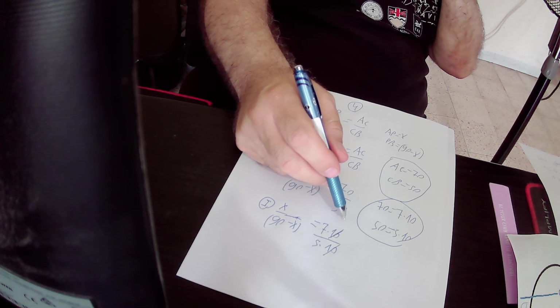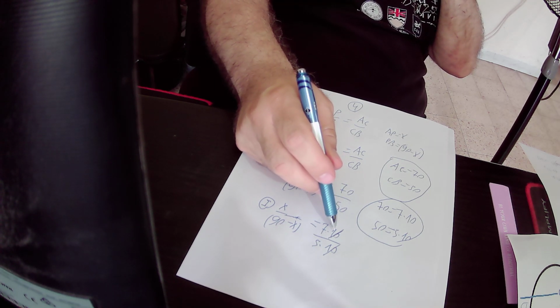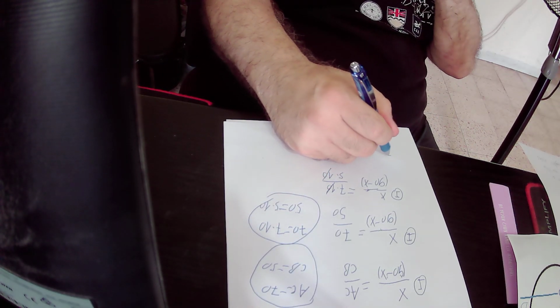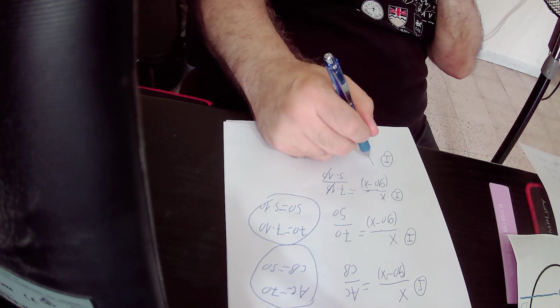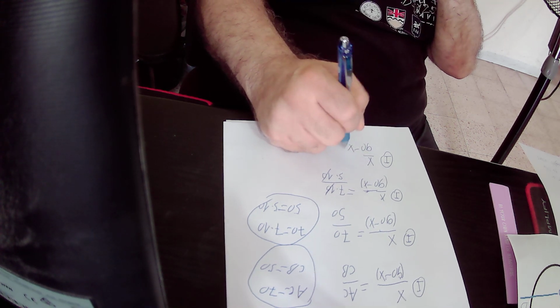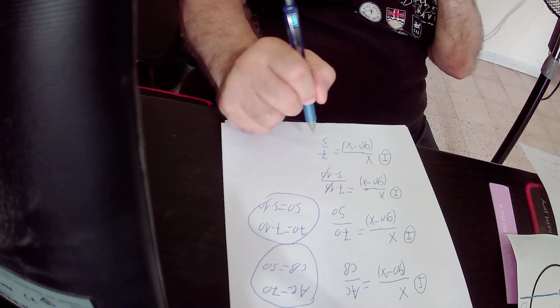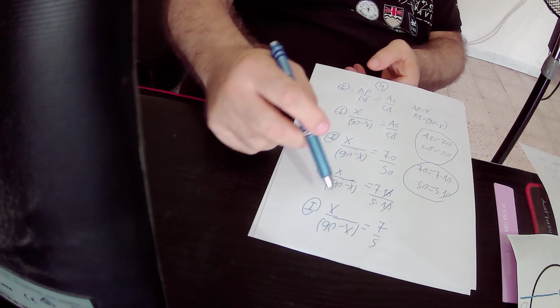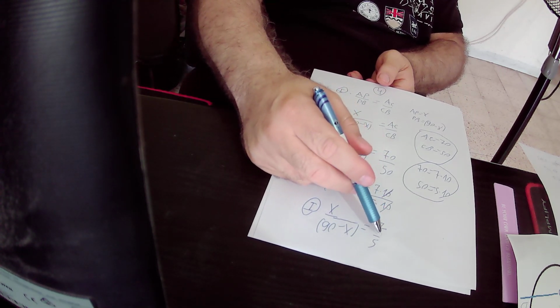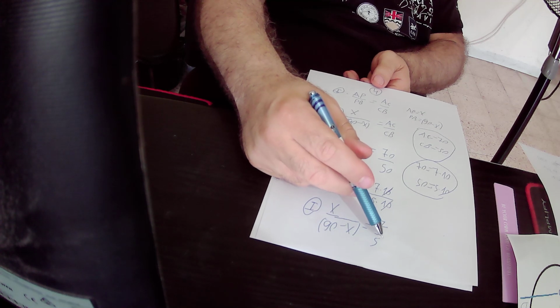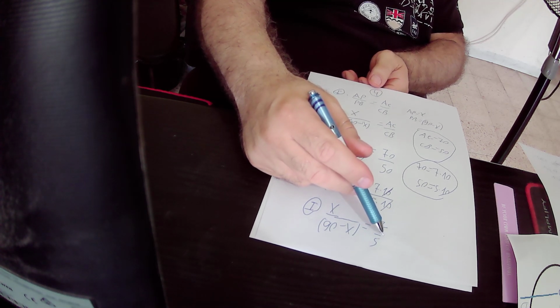So we get x over 90 minus x equals 7 over 5.